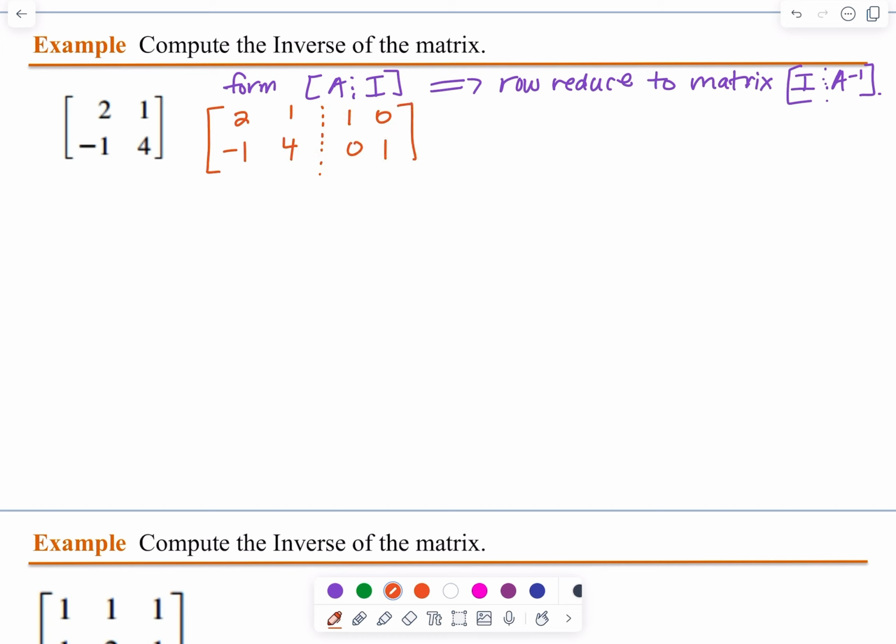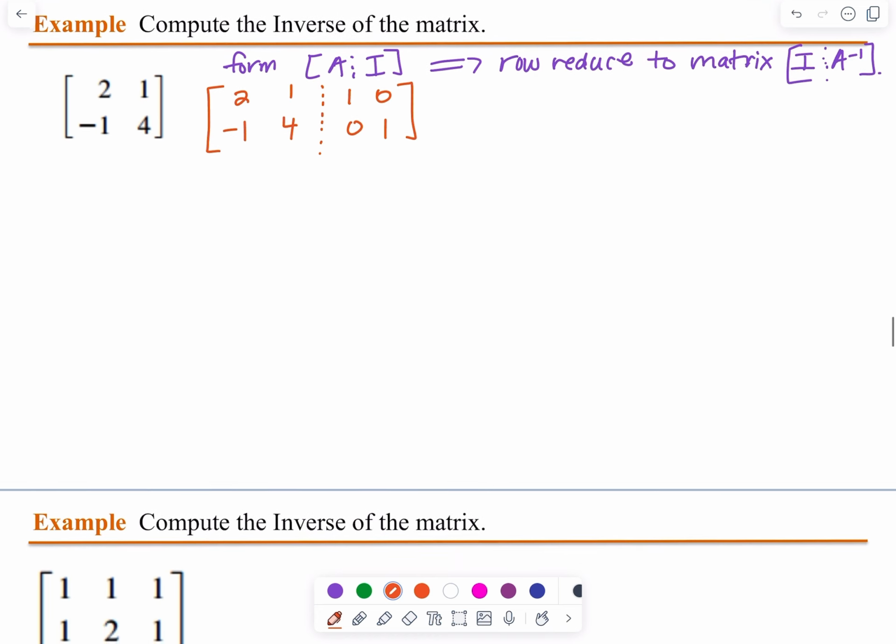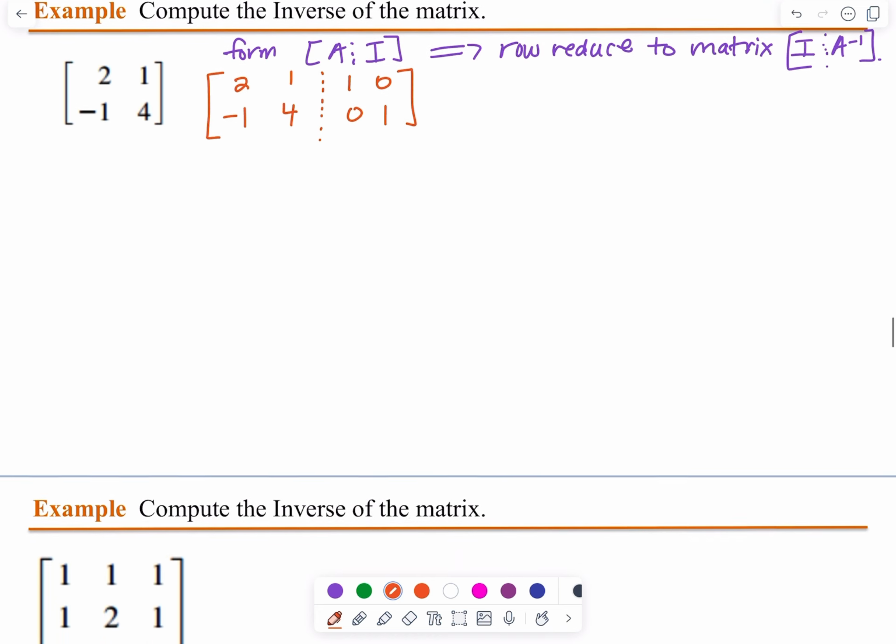this matrix, and now we will perform row operations, and we will first divide the first row by 2 and then add it to the second row. So let's go ahead and multiply.